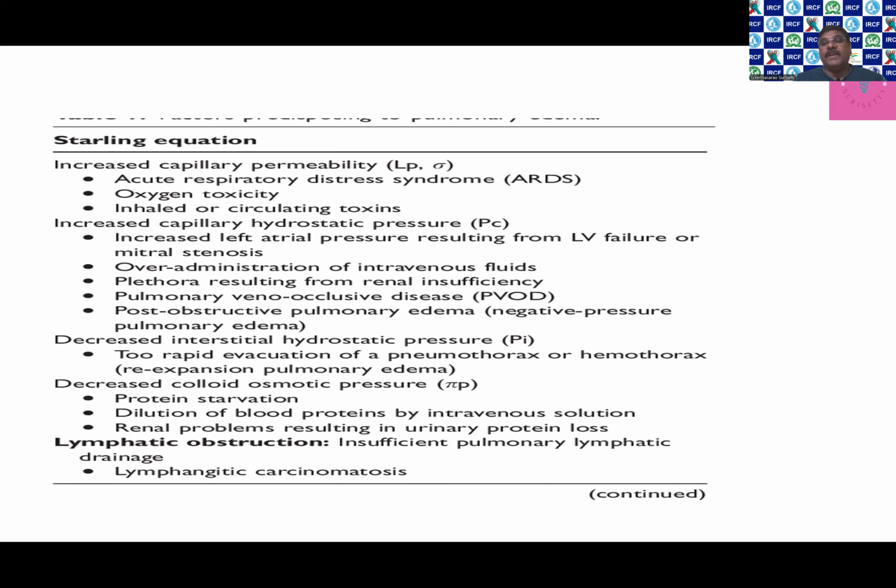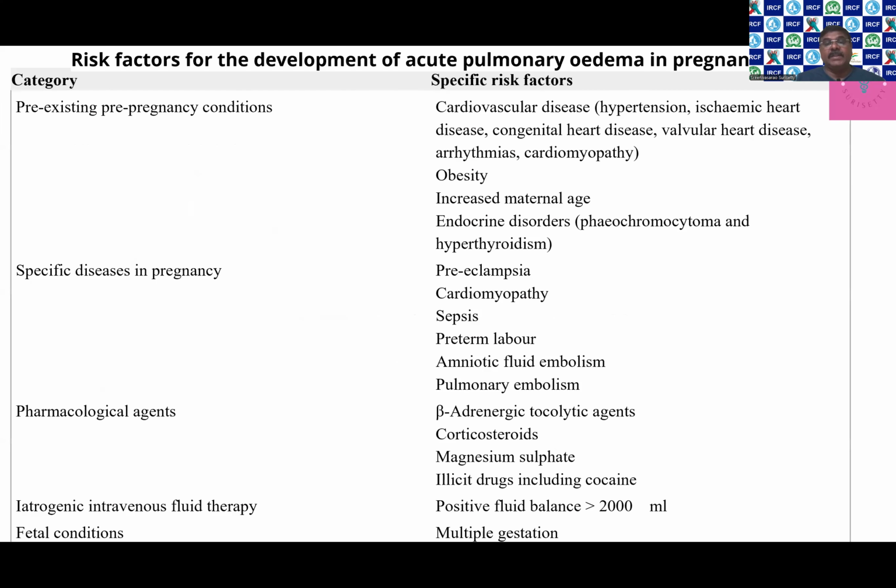Let us see what the different conditions are in pregnant patients. What are the risk factors for the development of acute pulmonary edema in a pregnant patient? One is cardiovascular disease, that is pre-existing, pre-pregnancy conditions, then specific diseases of pregnancy, pharmacological agents, iatrogenic fluid therapy, and fetal conditions.